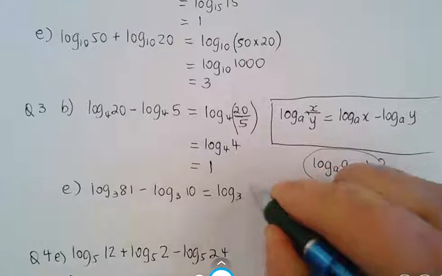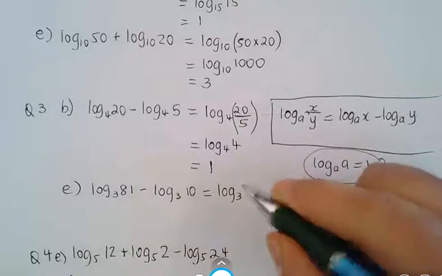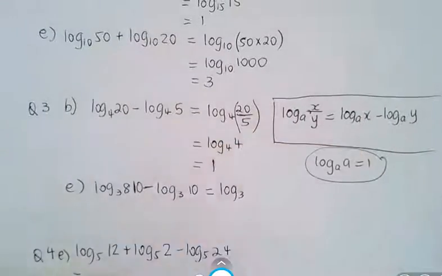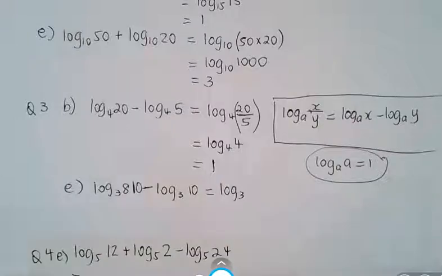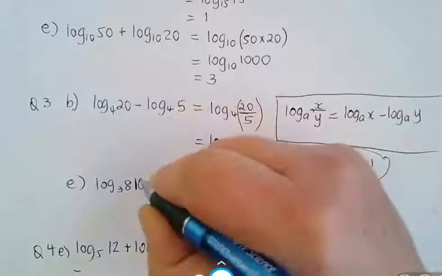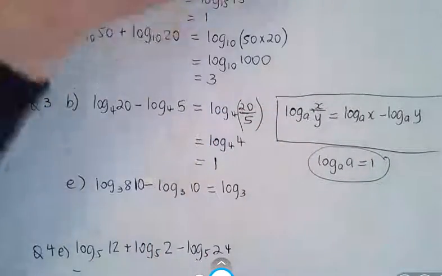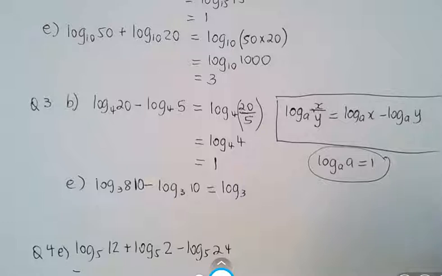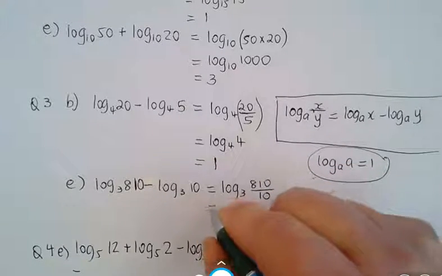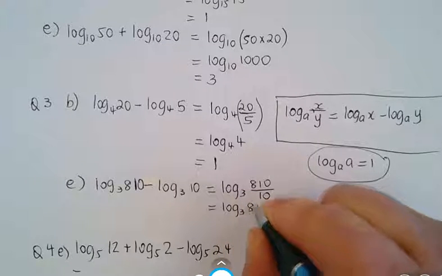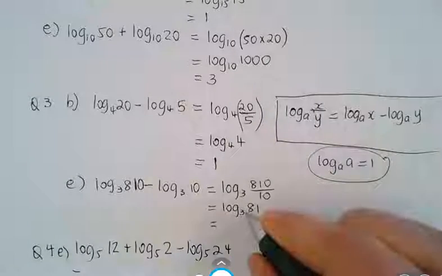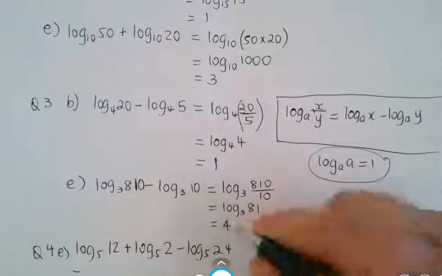Log to the base 3 of, what do I do? Oh, that's 810, sorry. 810, mistake. Can you fix it? Log to the base 3 of 810 minus log to the base 3 of 10. What do I do with the numbers? I do 810 divided by 10, which is log to the base 3 of 81. Sorry, there was a mistake in the question. Power of what? Because 3 is the base. 3 to the power of what is 81? 3 to the power of 4 is 81.